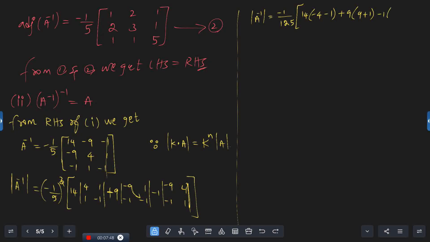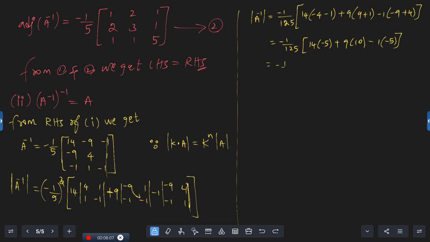Next minus 1 into minus 9, formula minus 1 into 4, but minus 4 now, so it will become plus 4. Now we can simplify minus 1 by 25 into 14 into minus 5 plus 9 into 10 minus 1 into minus 5.